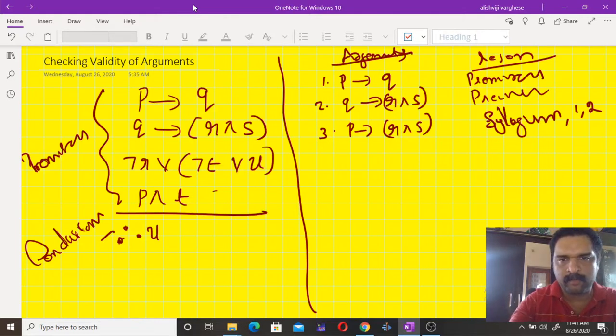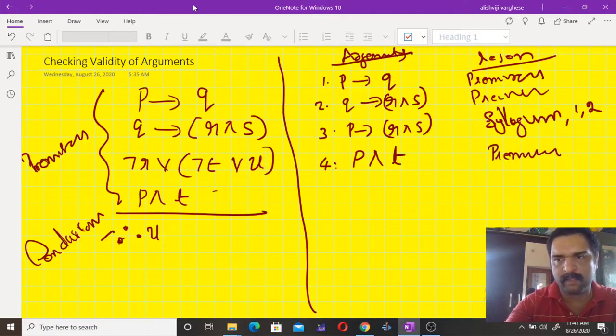Now the fourth step: here we have P and T. That is again a given condition. Here it is given that P and T is true, so that's again from our premise. Then if P and T is true, we can conclude that P is true, since P and T is true only when P is true as well as T is true.